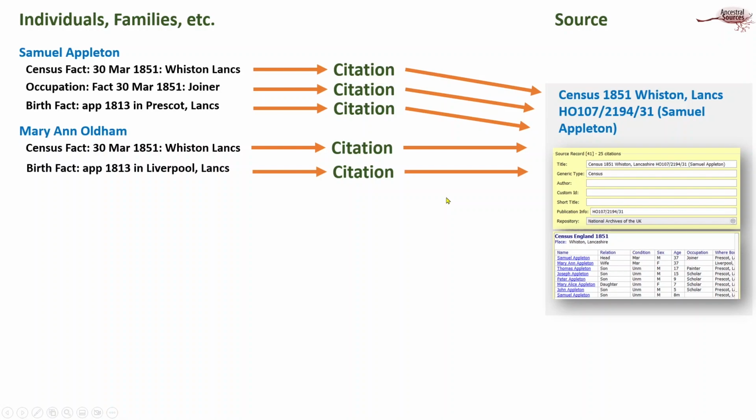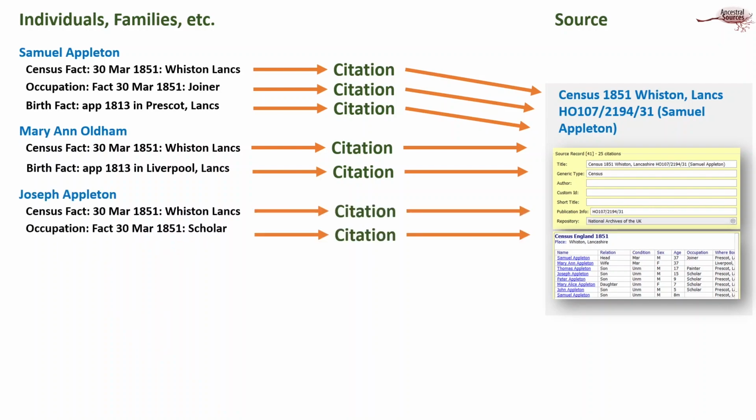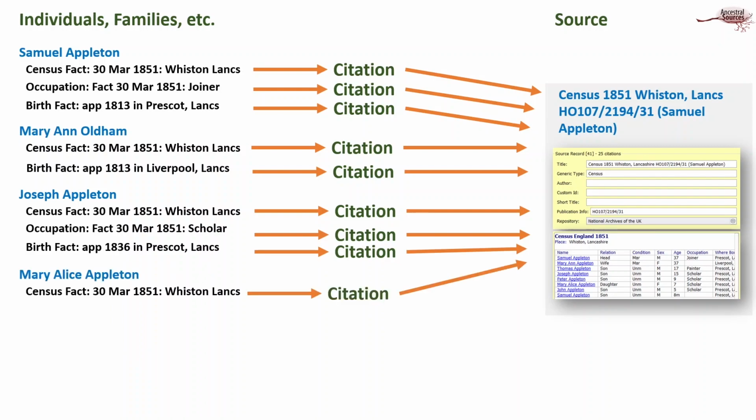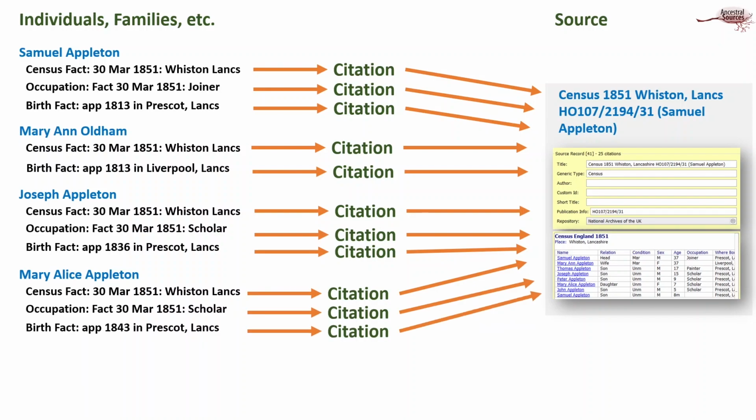And the same for her estimated birth as being in 1813 in Liverpool, Lancashire. We got that information from this source, so we create a link to it via a citation. And we do the same for each of their children and the various facts that we were able to create for them. It would be the same for other children that they had as well in that entry.